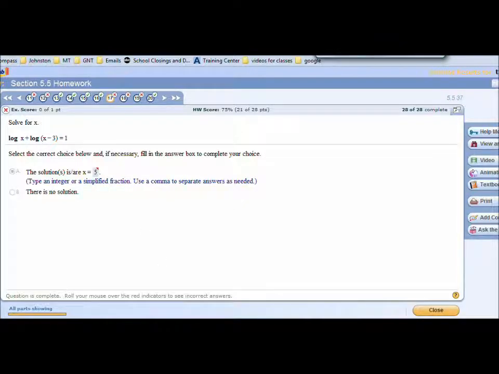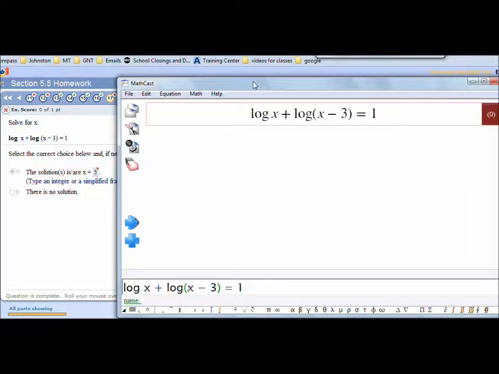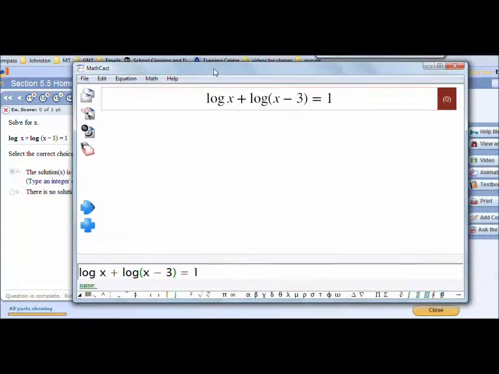Okay, here we go. Back to the problem. So here's our problem, this one. And what I'm going to need to do is now go and get some rules, because I'm going to need those rules to solve this problem.